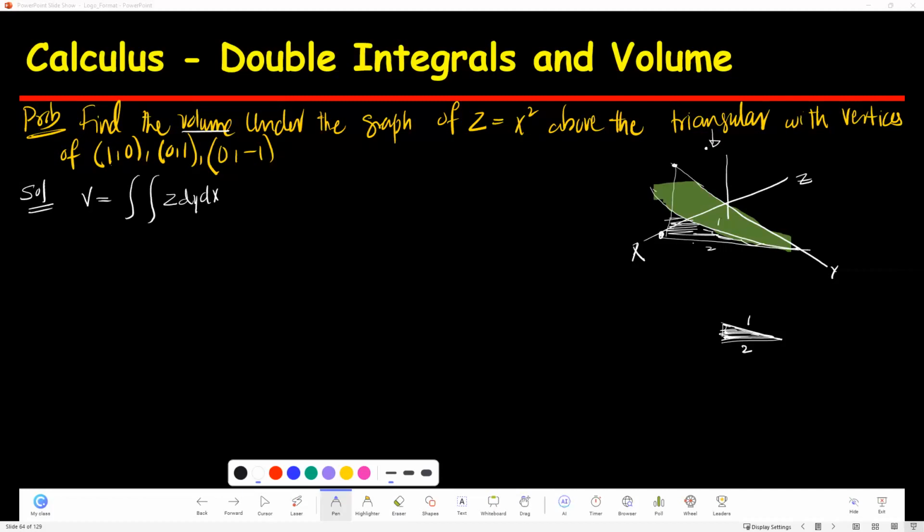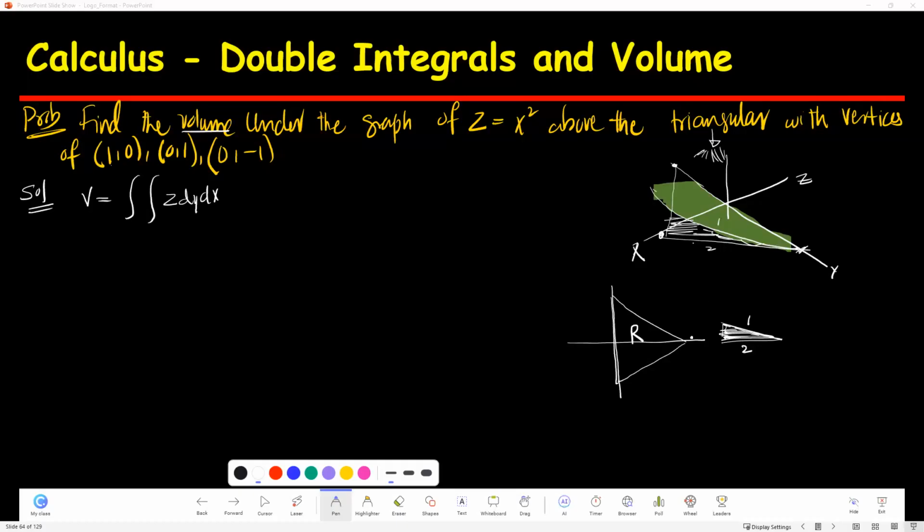You start looking from the top, and when you look from the top, your eye sees this region. That's your x, that's your y, and it's going to look like this. The region is R. This is the region.